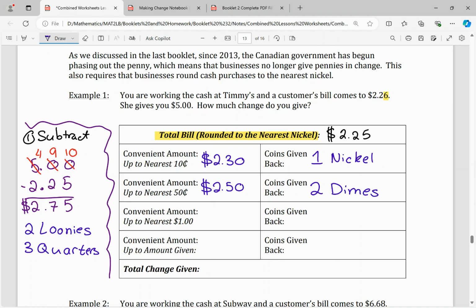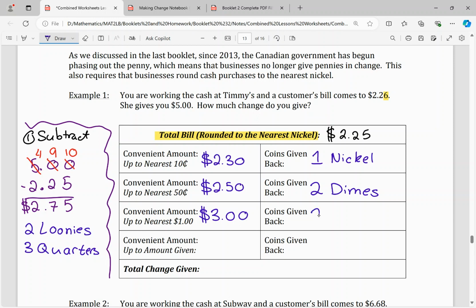Next, I need to go up to the nearest $1. Well, if I'm at $2.50, the nearest dollar up would be $3. Remember, you're always going up. Our goal is to get up to $5, the amount that the customer paid. So how do I get from $2.50 to $3?